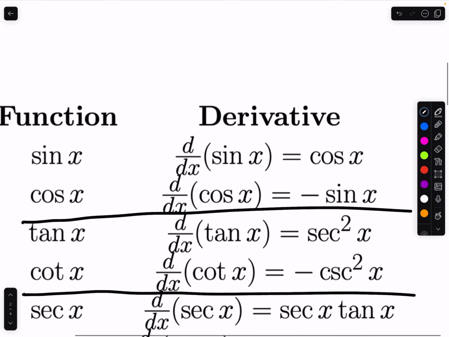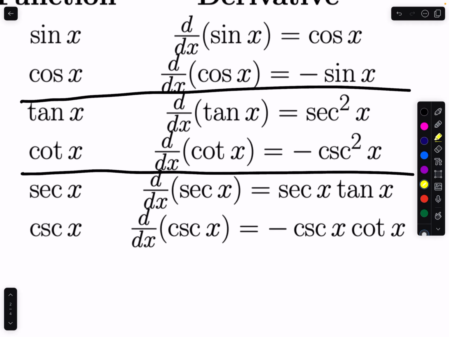That should be pink in your brain. Since we're taking the derivative of a tan, we have the square of its secant buddy. Tan pairs with secant. Cotan feels sort of natural that it should pair with cosecant. But again, do not forget your minus sign because you are taking the derivative of a co.